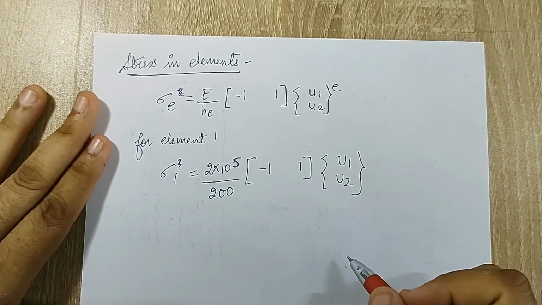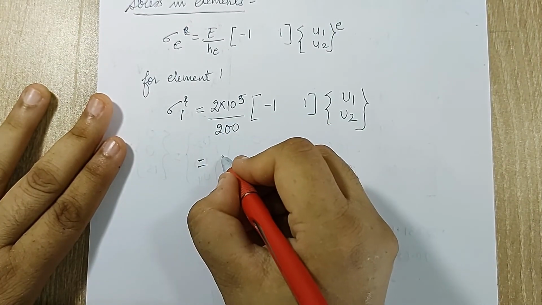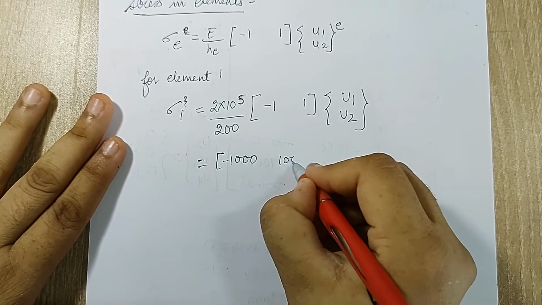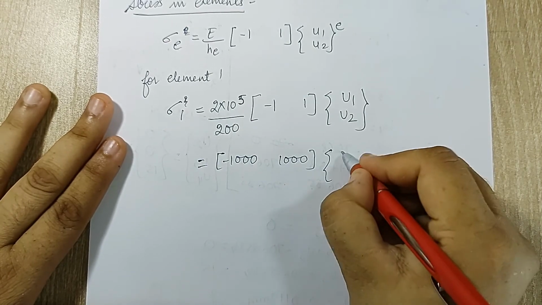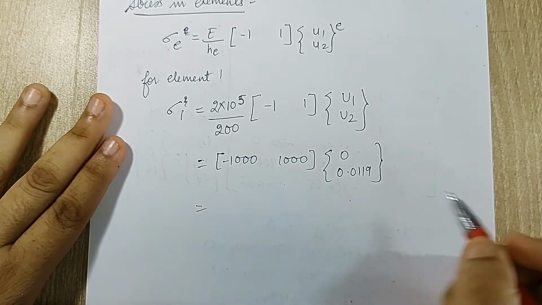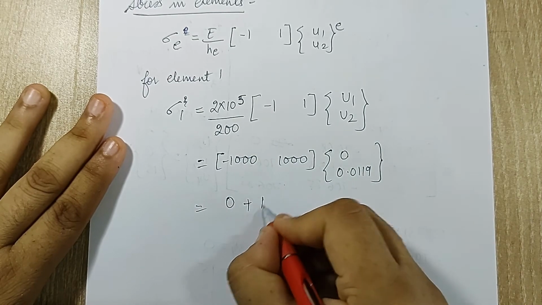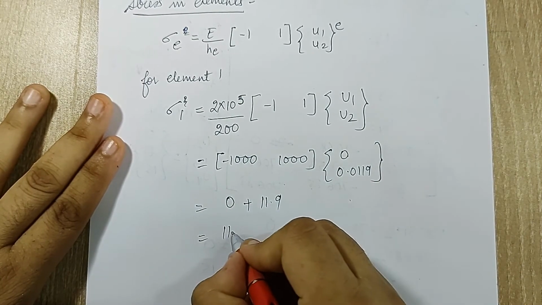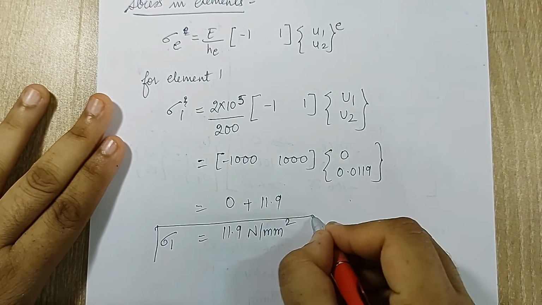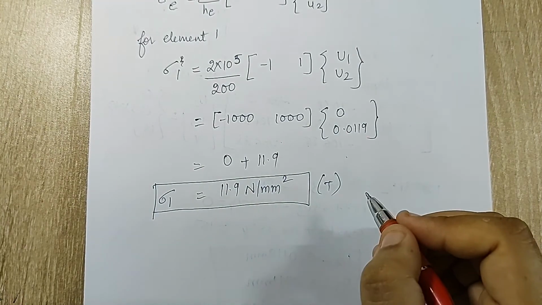Here I am going to directly write the node numbers because now it is very clear. When I solve this, I get 1000 as the factor. I multiply inside, and here I have 0 and 0.0119. When I multiply, this becomes 0 and here I get plus 11.9. So my answer is 11.9 Newton per mm square. This is my sigma 1. Since it is positive, it is of tensile type.